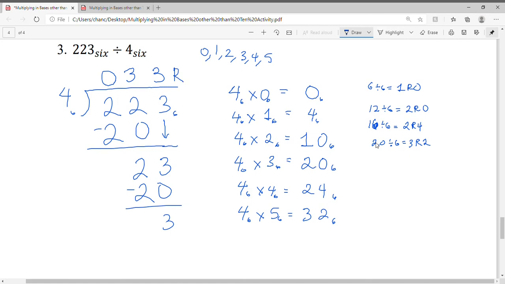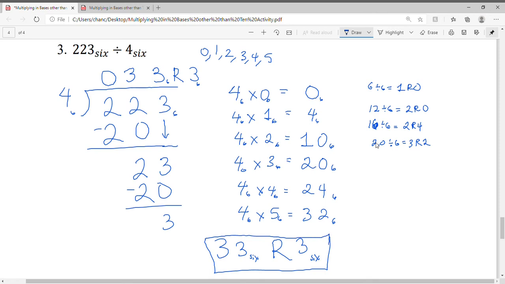Our remainder is going to be 3. So make sure you write your answers properly. This is all in base 6. So let's write our official answer. 3, 3, base 6, remainder 3, base 6. So here's our solution.